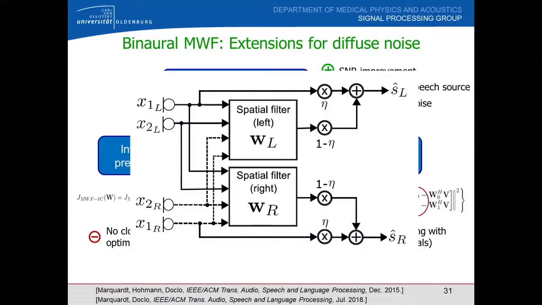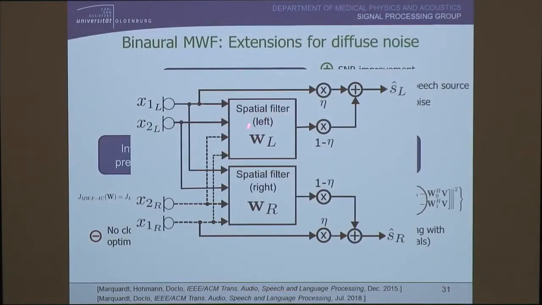And the nice thing, which is maybe not directly visible from this equation, is that it corresponds to mixing the output of this binaural MVDR beamformer or multi-channel Wiener filter with part of the noisy input signals. So this is just the MVDR beamformer with RTFs implemented on the left and the right device, and then you scale it with some factor eta and mix it again with some noisy input microphone signals. Of course, depending on eta, you will get some loss of your noise reduction performance.